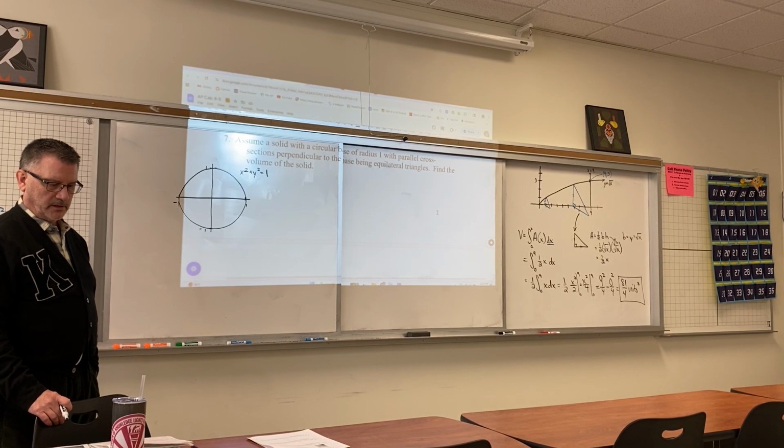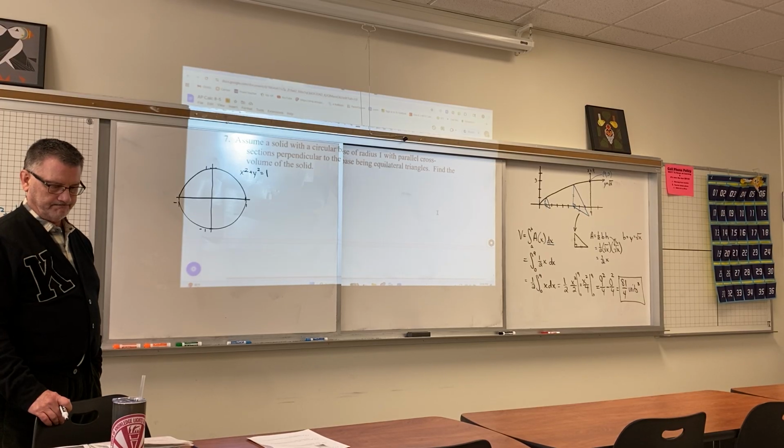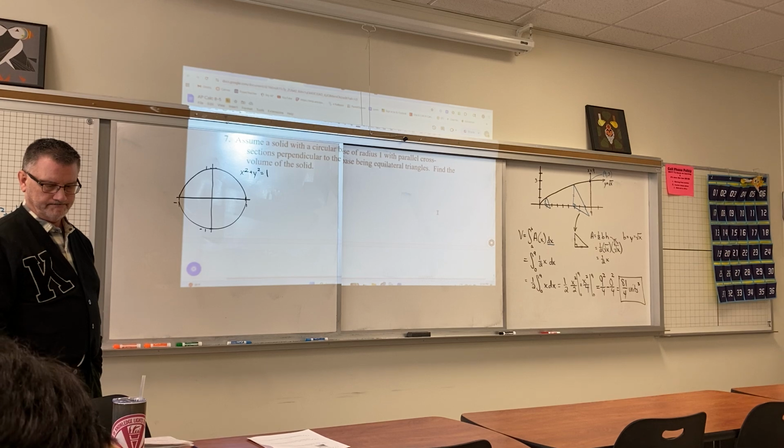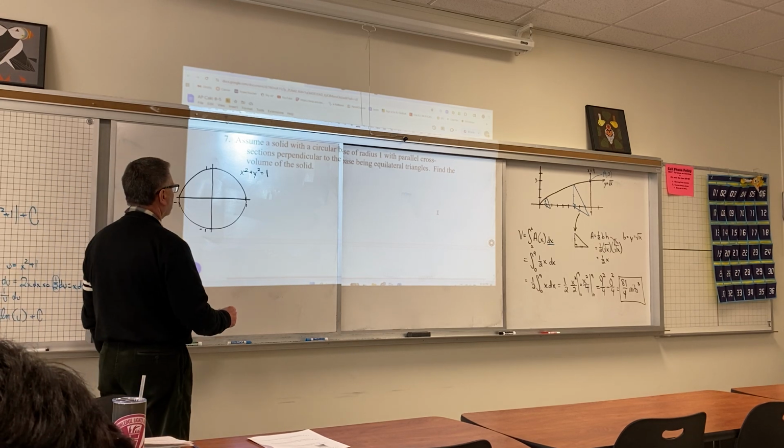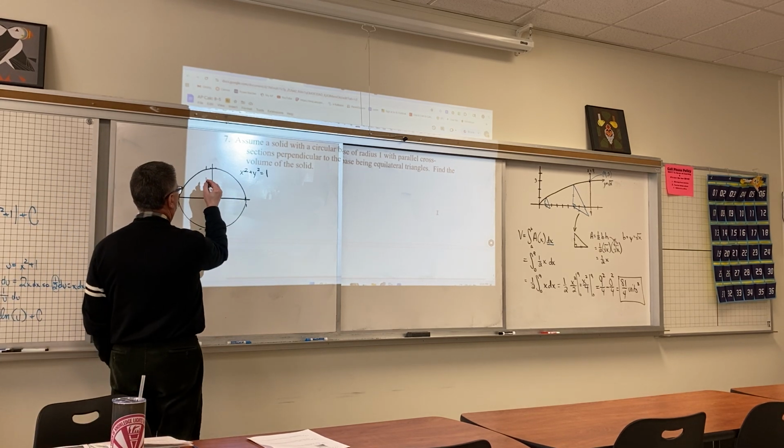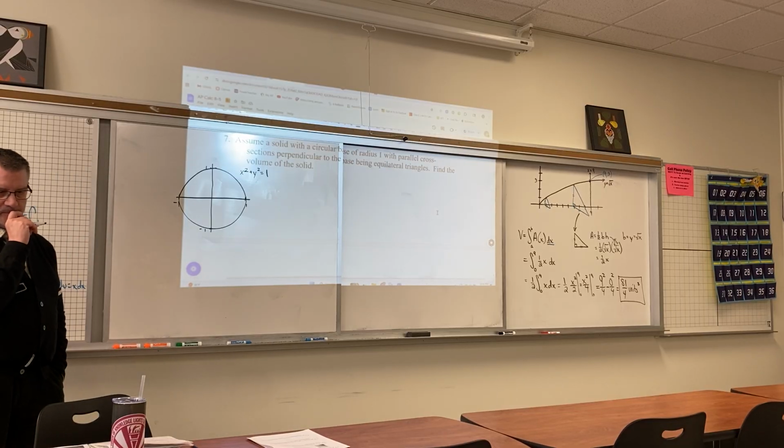And I'm building equilateral triangles. The base is in here. Do you want to go across the x-axis?